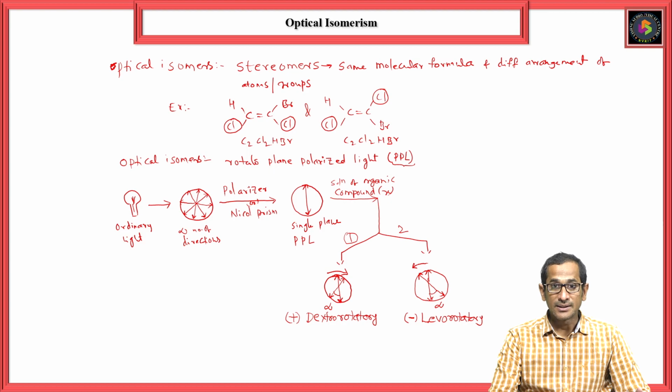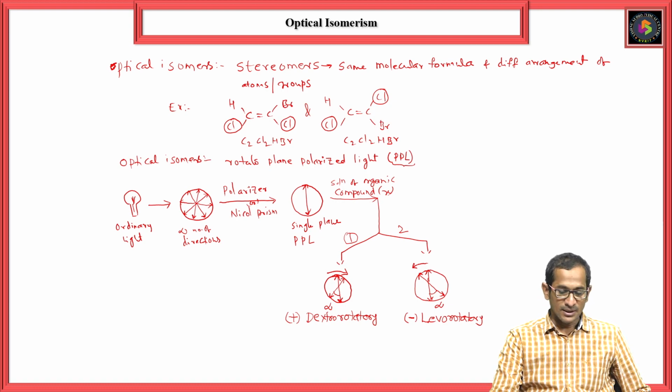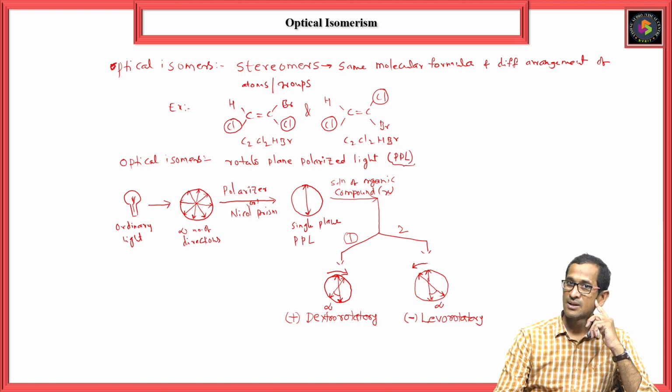In one isomer, the compound rotates the plane polarized light towards the right side. And in case 2, the compound may rotate the plane polarized light towards the left side of the original PPL. So these are the two isomers, these two optically active compounds.